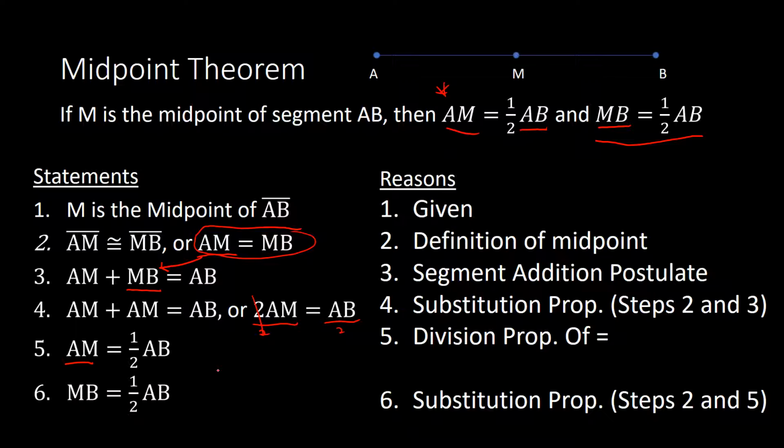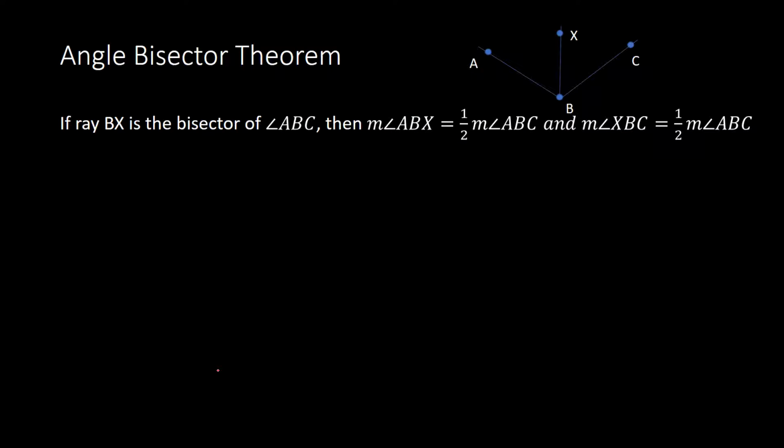Now I'm going to walk you through one more theorem, and then we are going to give one example at the end using these theorems in another proof. So we have also what's called the angle bisector theorem, which is basically identical to the midpoint theorem. The only difference is here we are dealing with angles instead of midpoints.